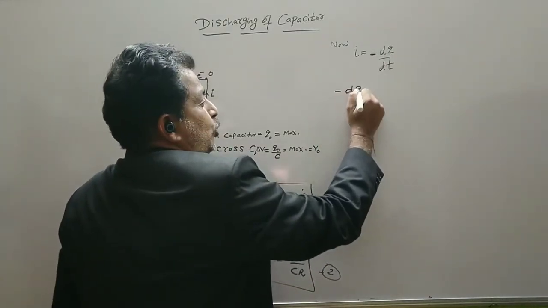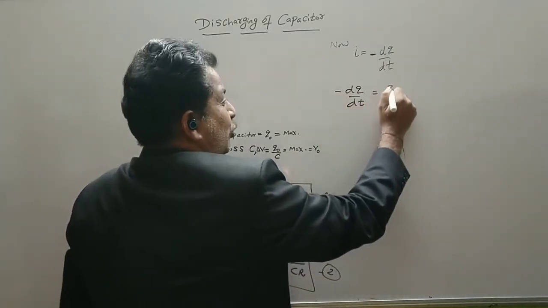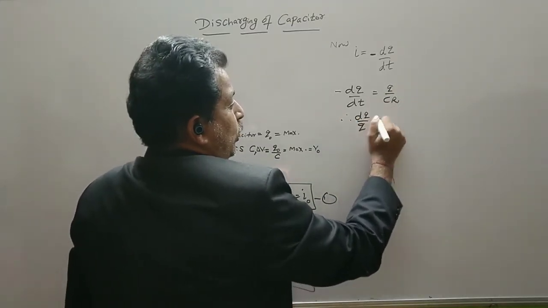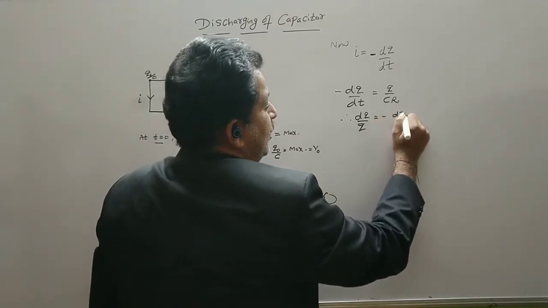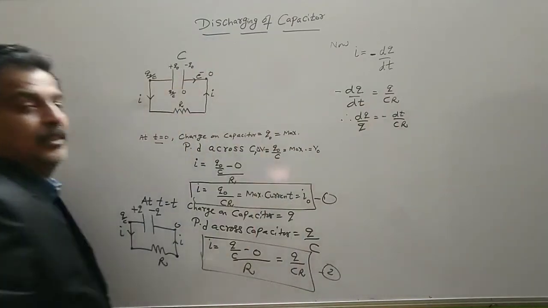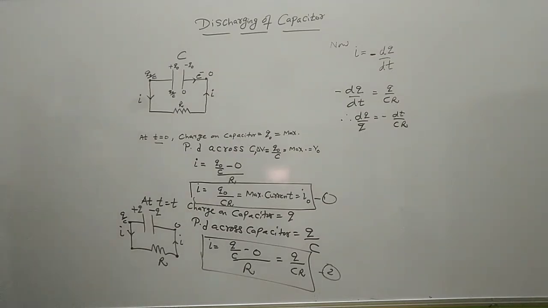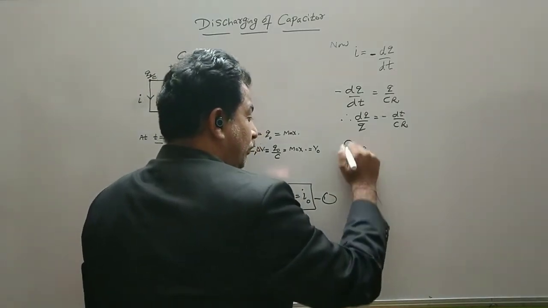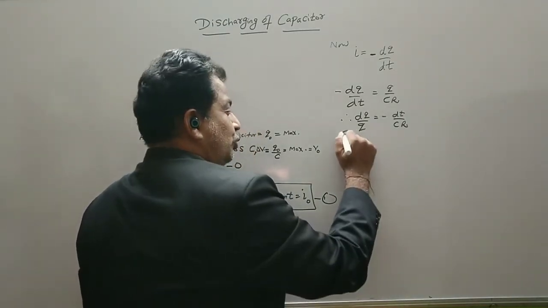So minus dq by dt is equal to q by CR, and therefore dq by q is equal to minus dt by CR, where CR is a time constant that we know. Integrating both sides with the proper limits. So what is the proper limit? Initially the charge is q naught when the time is 0. So if we integrate from initial to final limit, the limit becomes q naught to q.